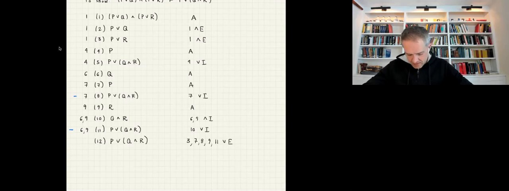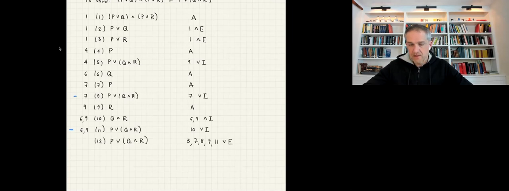Okay, now the tricky thing is tabulating dependencies. Here on 7, 8, there's going to be no new dependencies taken down, because the only dependency that appears in line 8, the first conclusion, is the assumption 7. In the case of this 11, the assumption was 9.